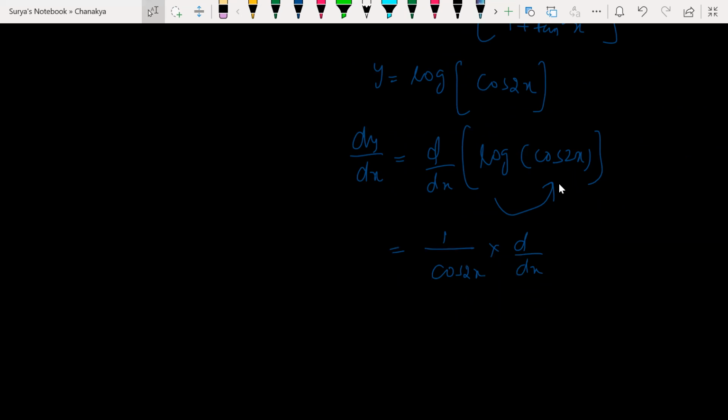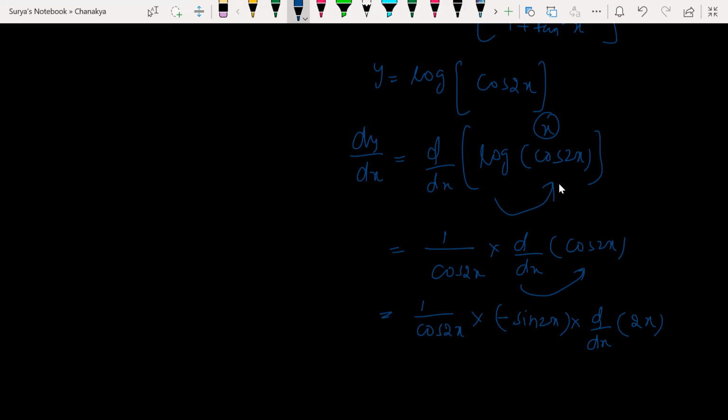In place of x, we have cos 2x, right? So 1 by cos 2x into d by dx of cos 2x, which is minus sine 2x into again d by dx of 2x.